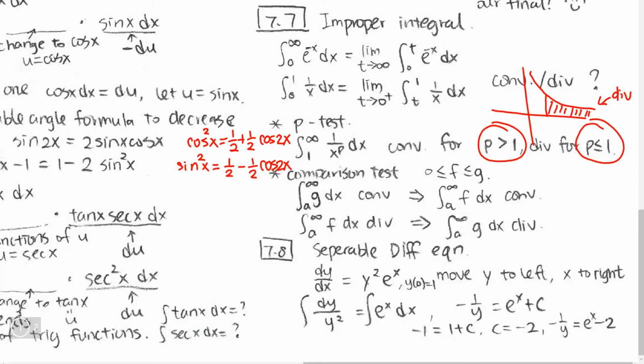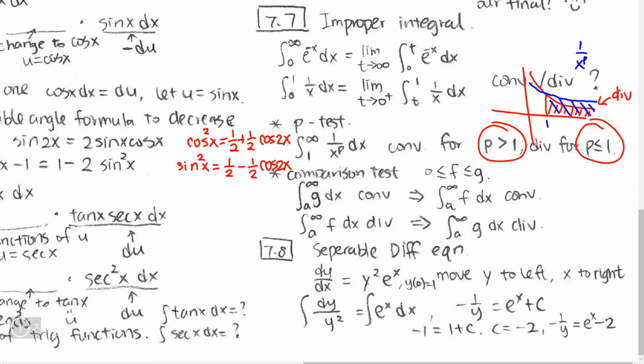What happened when p is less than 1? When p is less than 1, 1 over x to the p, for x greater than 1, is actually bigger than 1 over x. So the blue area should be bigger than the red area, so it is also infinite, it diverges.